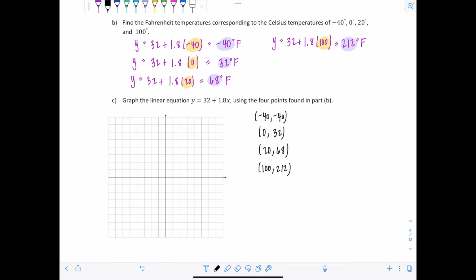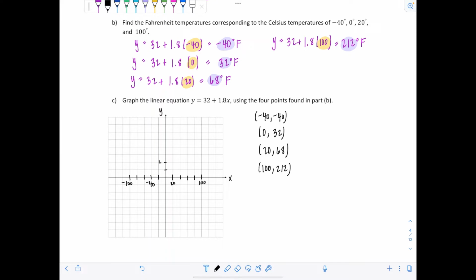If I'm being honest, I'm probably not going to graph that last one, because I don't feel like scaling that wildly. So here's x, here's y. If I scale by 20s, this is 20, 40, 60, 80, 100, then this would be -20, -40, -60, -80, -100. I'll scale my y-axis by 20s as well.